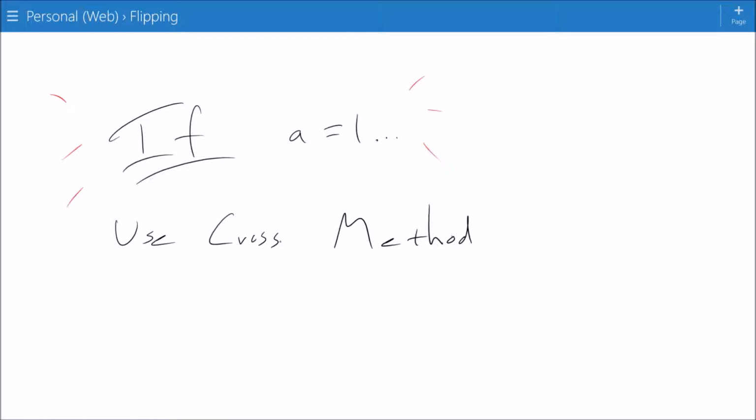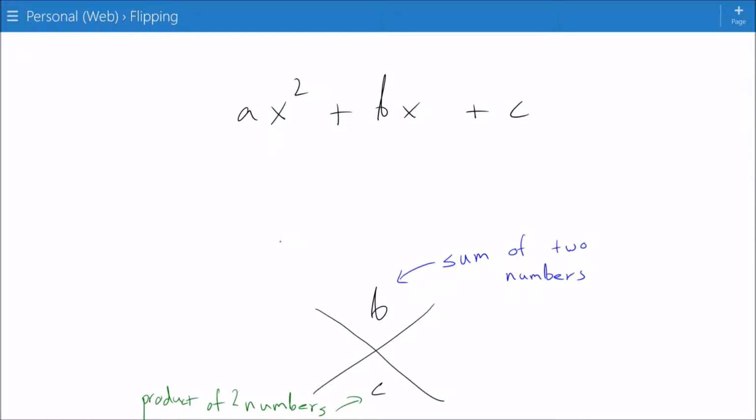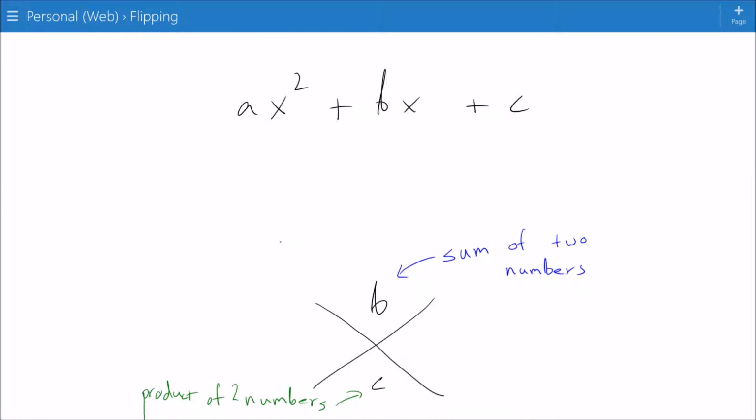You can also, if a is equal to 1, so in other words, if your leading coefficient is a 1, you can use something that is called the cross method. All right. Basically what that means is if you've got a times x squared plus bx plus c, you can make a cross, like I've done right here. Okay.